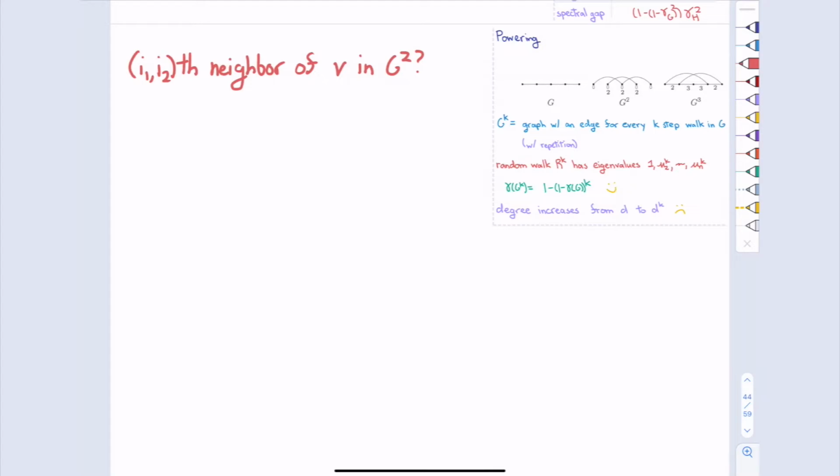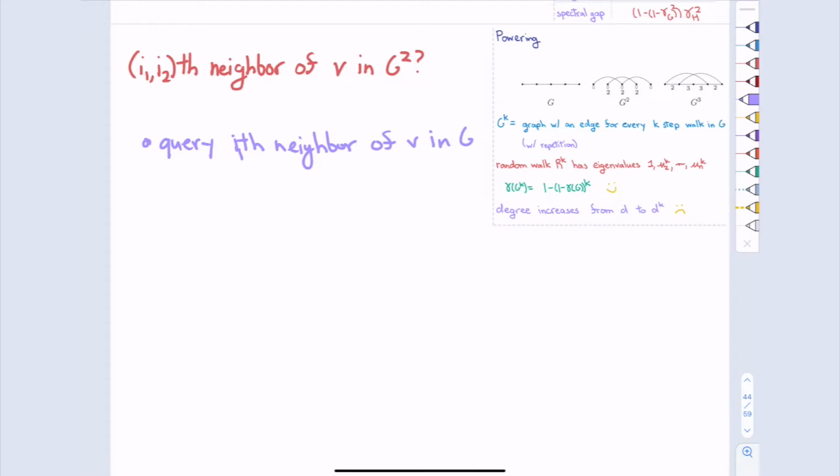Answering this question is not really so sophisticated. You would query the I1th neighbor of v in G. We should imagine this being done recursively.